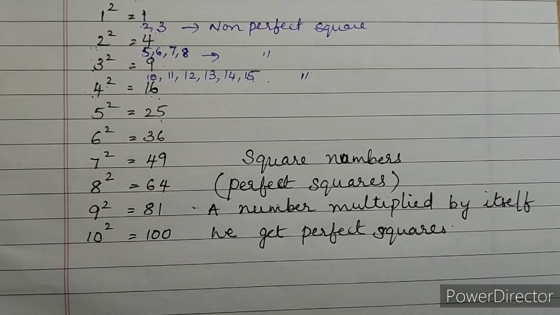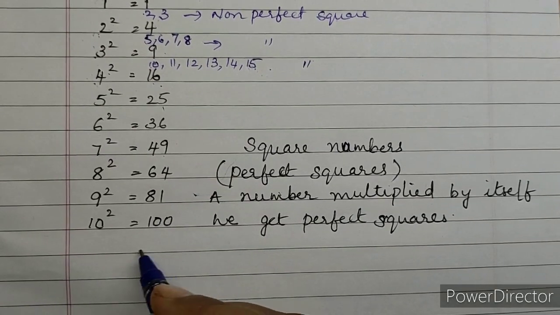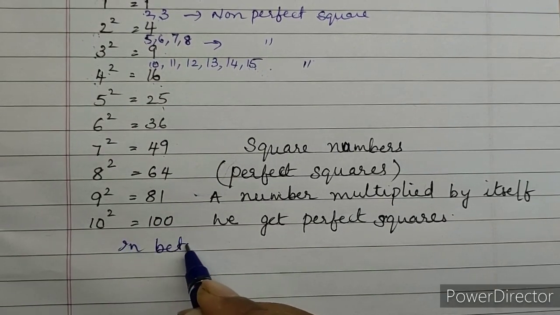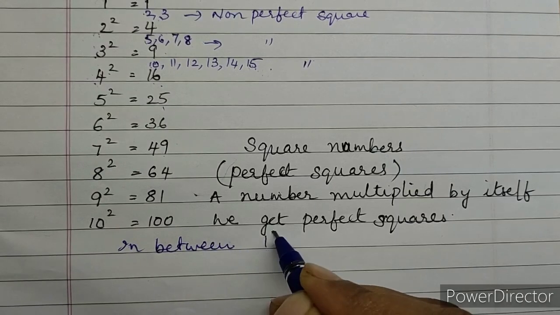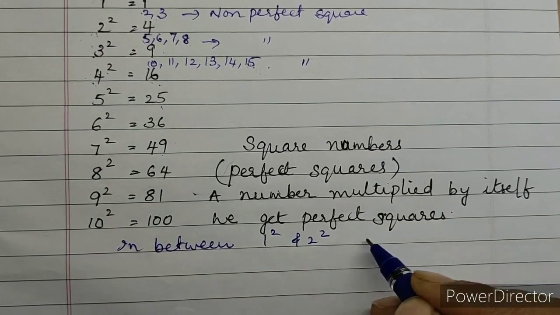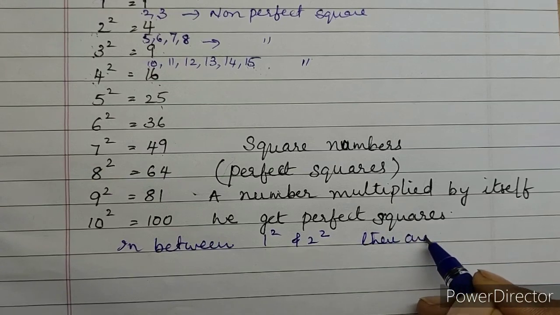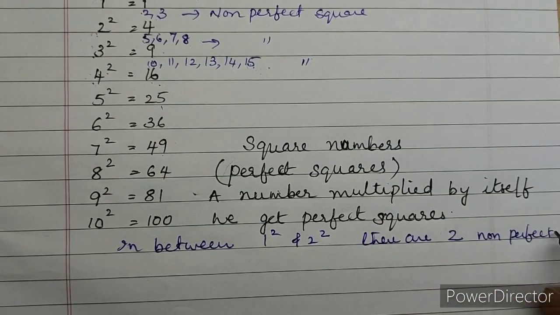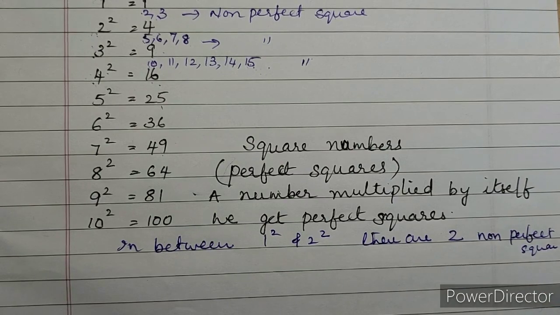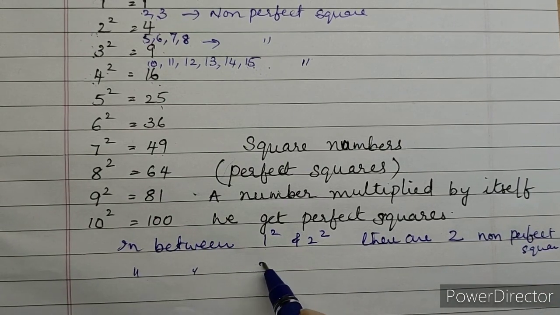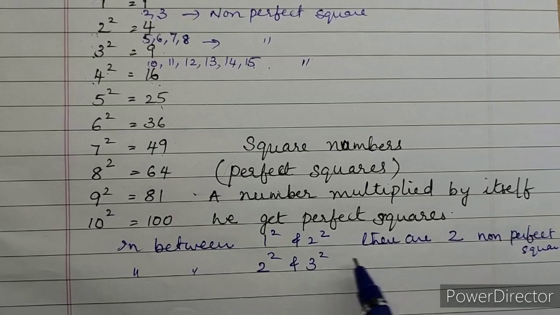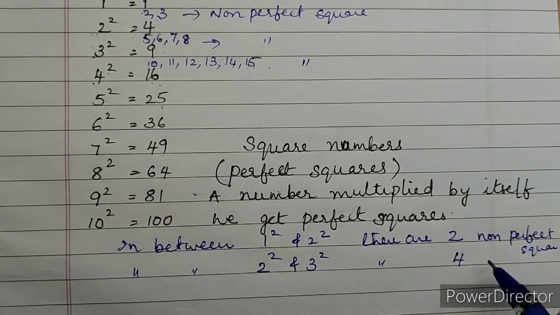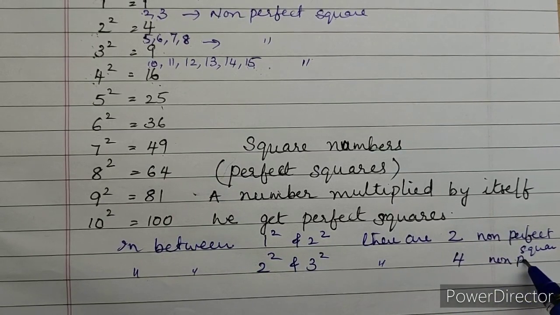In between 1 square and 2 square, there are 2 non-perfect squares. In between 2 square and 3 square, there are 4 non-perfect squares.